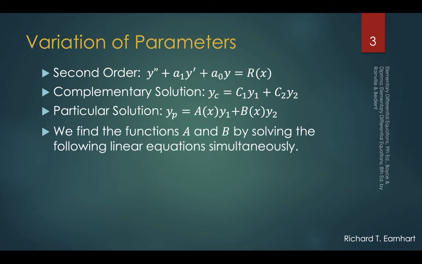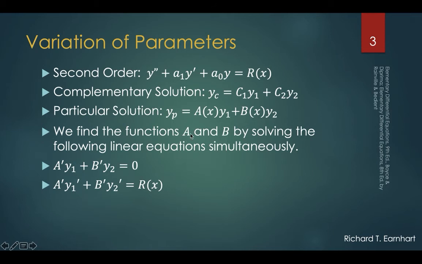So we find the functions a and b by solving the following linear equations simultaneously. What we can solve in the linear equations are the first derivatives of a and b.